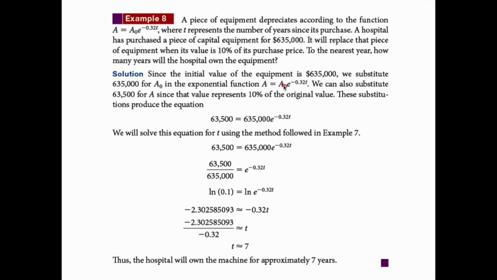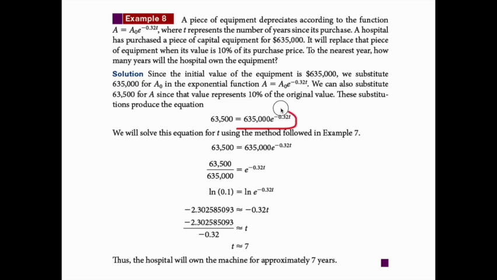So we want the output to be equivalent to 10% of the price. So if we find 10% of 635,000, we get 63,500. So that's what we want to set it equal to. So here's what we started with. It decreases to 10% of the original amount, and we need to find that value of t so we know how long it takes to do that.